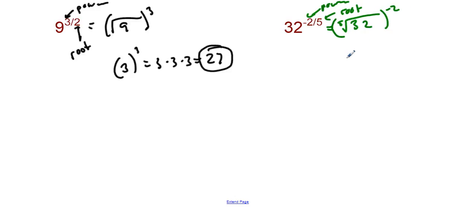The 5th root of 32 is 2, because 2 times 2 times 2 times 2 times 2, that's 5 times, equals 32. Now we raise that to the negative 2nd power. A negative exponent means reciprocal. 2 squared is 4, so we get 1 over 4. And that's what we got.